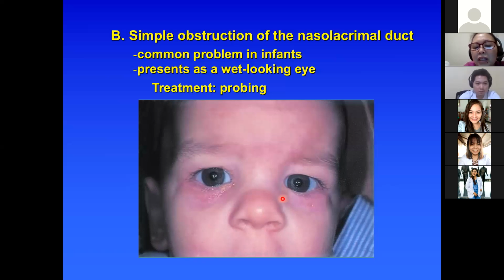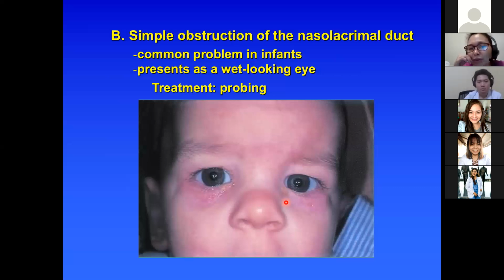So you will need cotton buds to massage that. Paper stem cotton buds, not the plastic, that hurts. Downward strokes twice a day until the valve of Hasner opens.